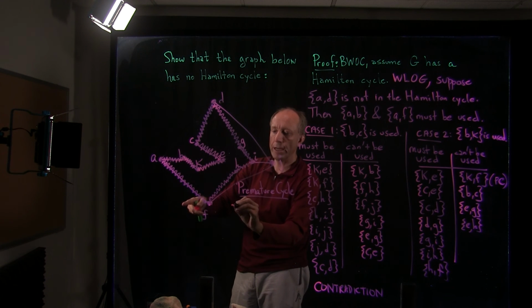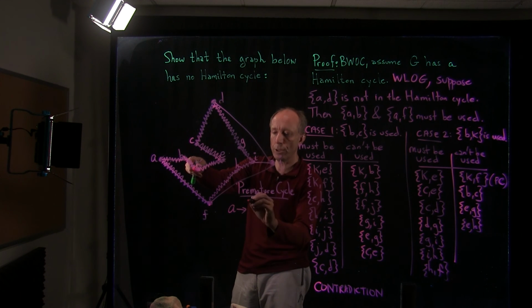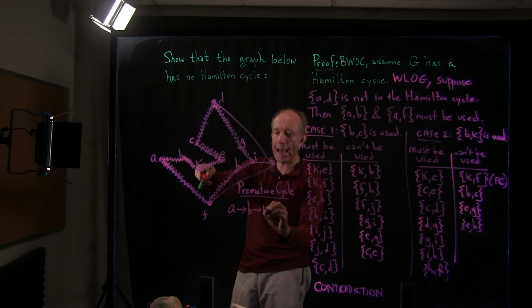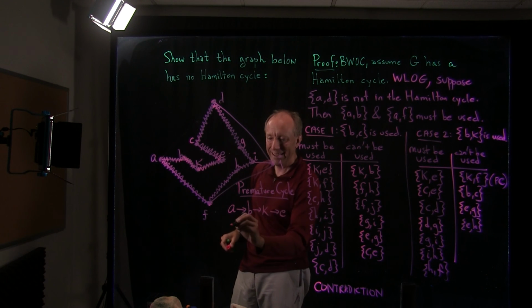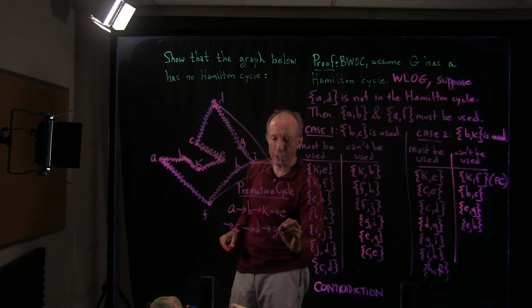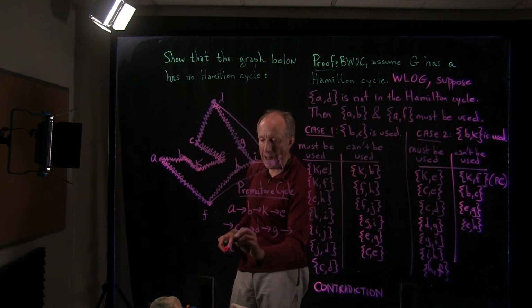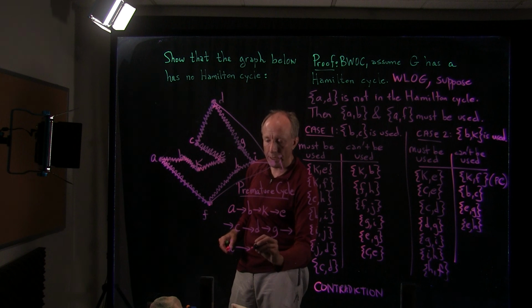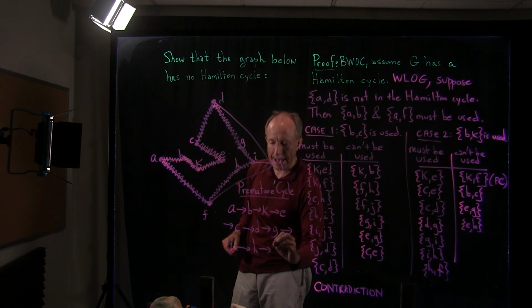Well, this time I'll start over at A, because it doesn't really matter. A goes to B, which goes to K, which goes to E, which goes to C, and then D, and then G, and then I, and then H, and then F, and finally back to A again.